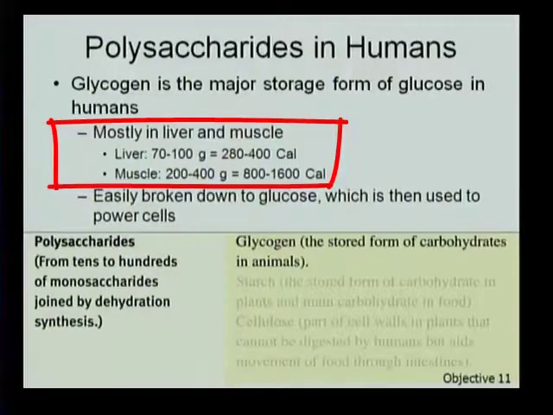In muscle, we can store 200 to 400 grams of glycogen depending on our physiology and the makeup of our muscles. That's 800 to 1600 food calories, or kilocalories, in energetic terms. If we add that together, then the most amount of glycogen that we can store is typically around 2,000 calories.